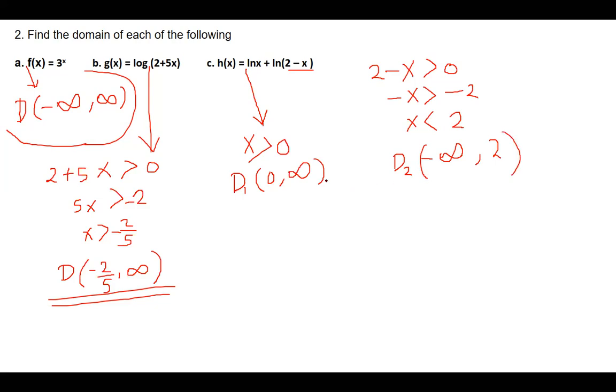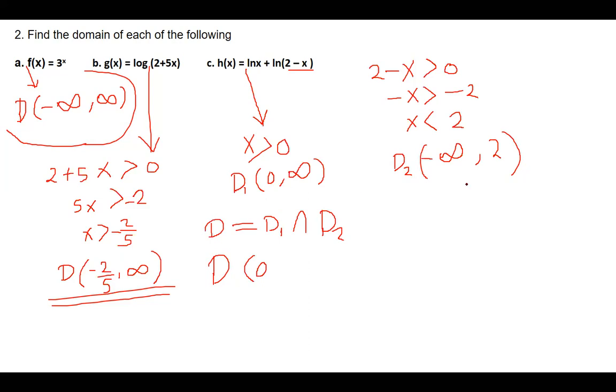So now for us to find the domain is just equal to d1 intersection d2. So we find the intersection set between d1 and d2. So my domain is just going to be equal to, so we can see to say 0 is common in both sets.